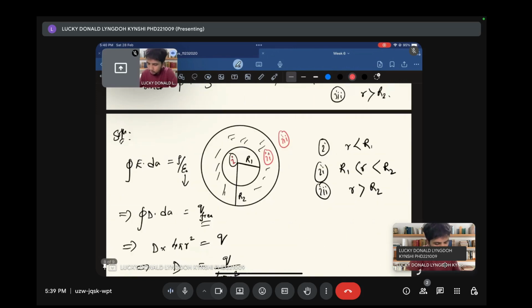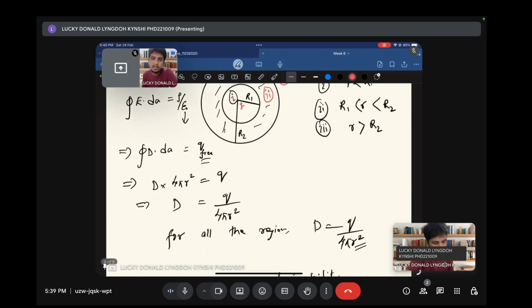I forgot to place the point charge plus q here. So you have to find the electric displacement, the electric field due to a point charge, and the polarizability. The electric displacement vector, as we have seen, remains the same, given by q divided by 4 pi r square, so it depends on your r square term.